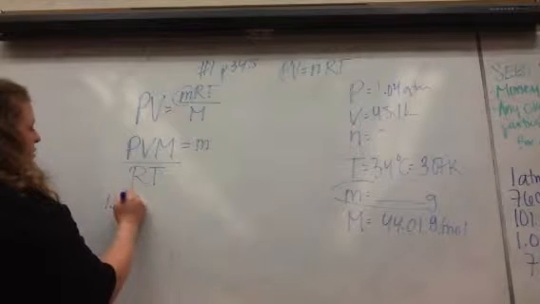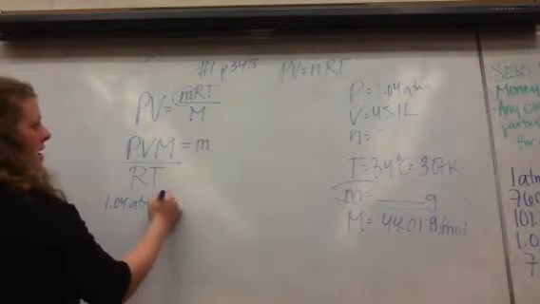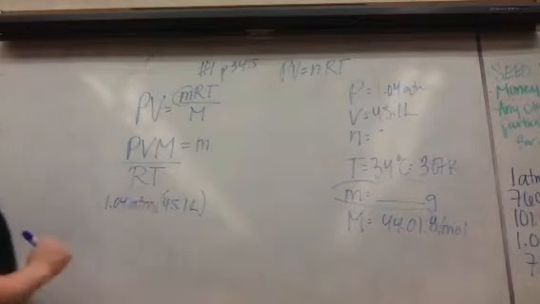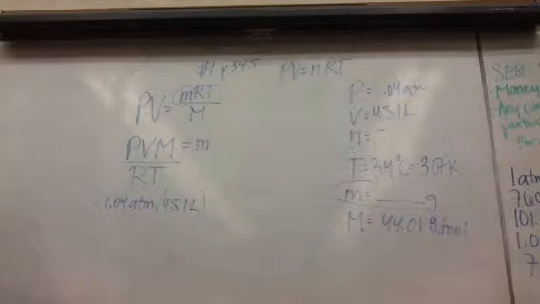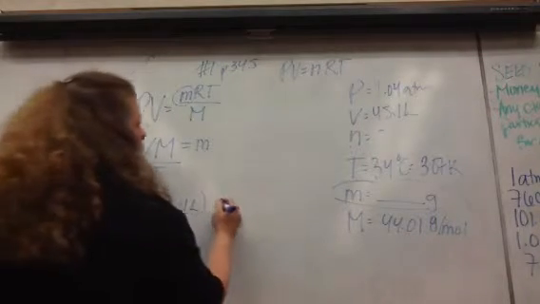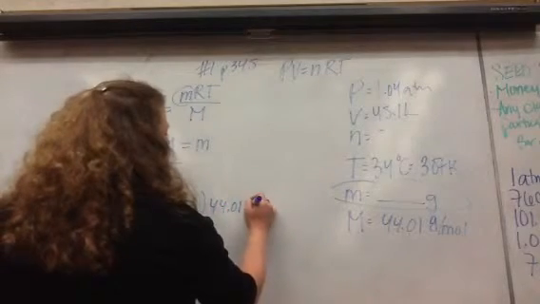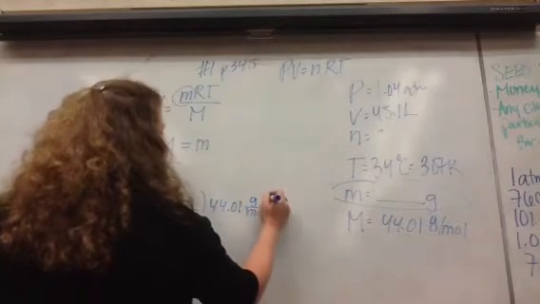Pressure, 1.04 atm, 45.1 liters. What units is molar mass in? Grams per mole. That's real important. 44.01 grams per mole.